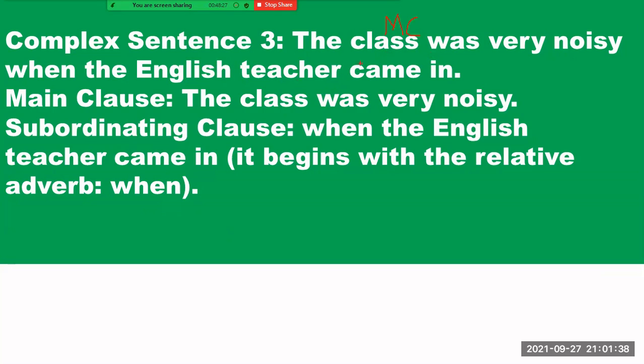But when you join it to this subordinate clause, then you form a complex sentence. When the English teacher came in, this is the subordinate clause. So when we have the complete sentence, what we have is the class was very noisy when the English teacher came in.